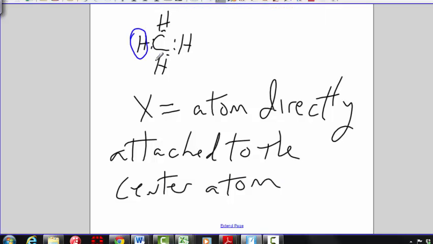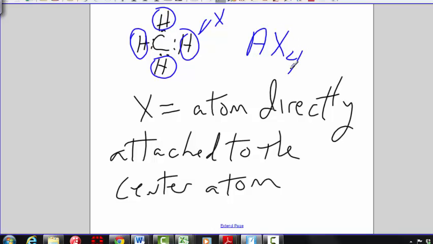So these H's here in my methane are all X. And that's all I've got here in this methane. So the pattern is A for this center atom carbon, and 1, 2, 3, 4 X's, so AX4.